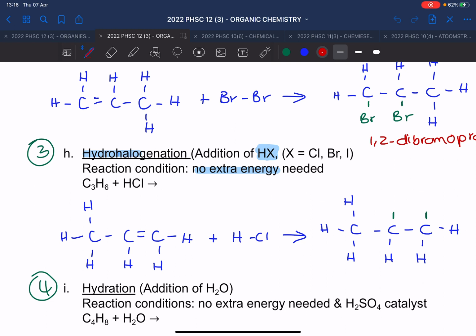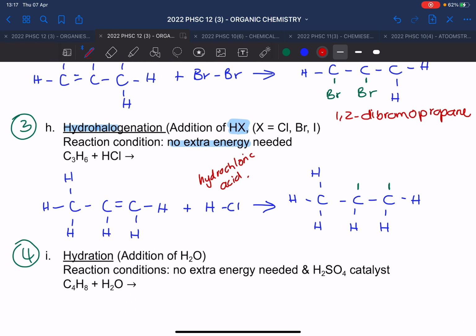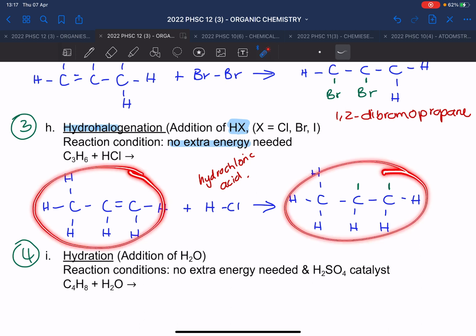It's an acid. It is hydrochloric acid. You've heard about that before? Yes, hydrochloric acid.